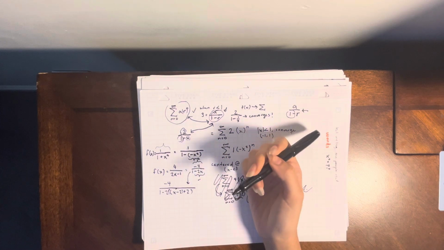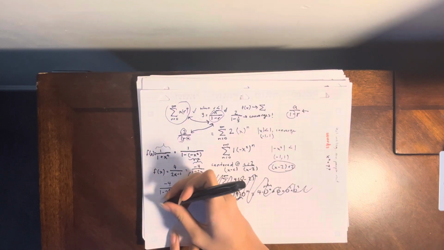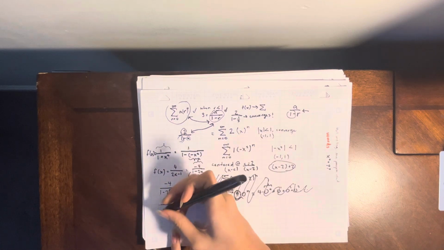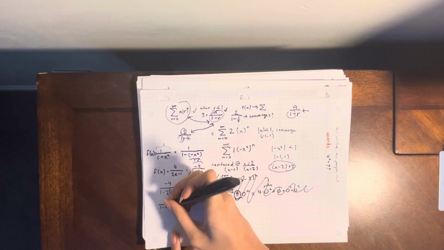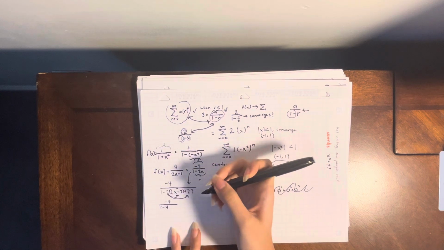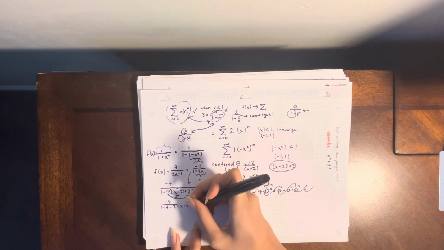It's going to be a massive pain, because these kinds of questions are. You're going to end up getting -4 over 1 minus 2 times 2, and then you're going to get minus 2 times x to the -2.